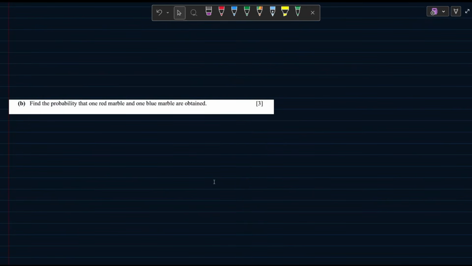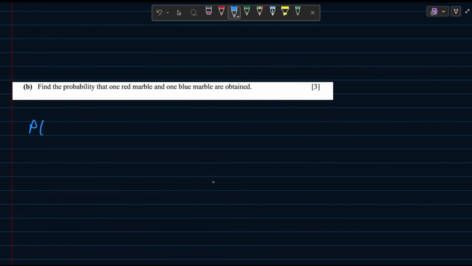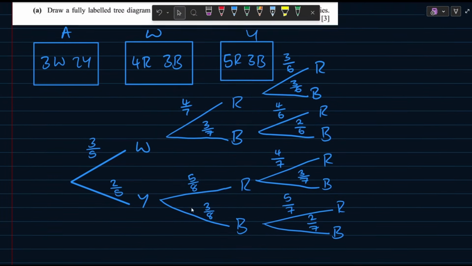Now part B says find the probability that 1 red marble and 1 blue marble are obtained. So we want the probability of 1 red and 1 blue. Let's find all the different pathways that can lead us to that.